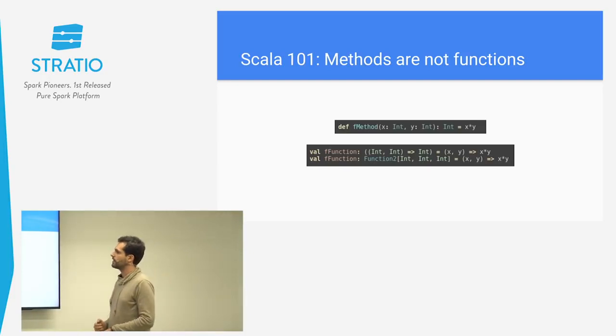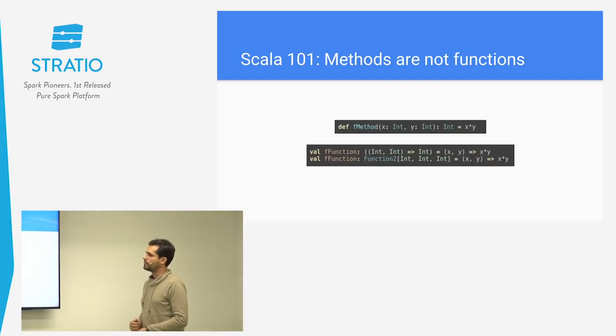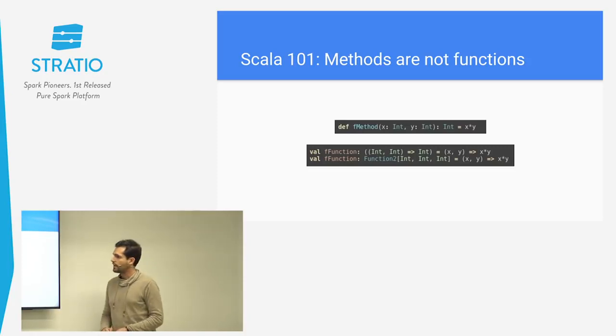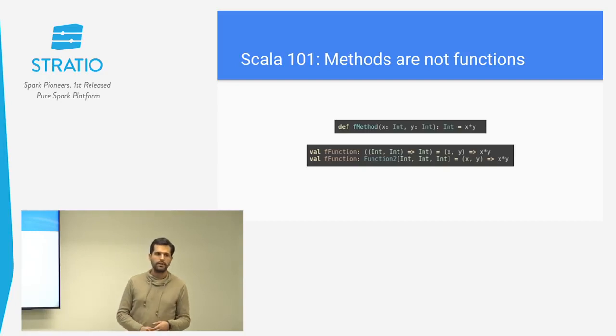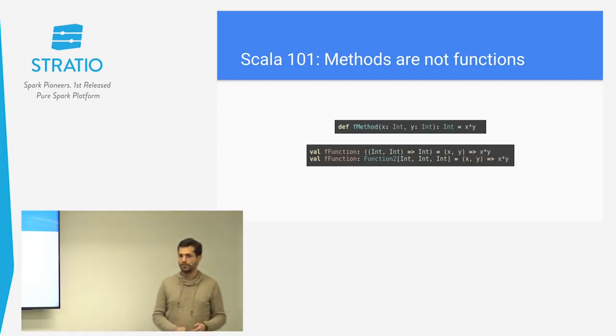One of the distinctions you have to keep in mind is that you can have functions with multiple parameter lists. Functions are just something going from a type to another. You can have several actual parameters, but you can have an implicit parameter list. We'll see what that is in a few slides. You're limited in some ways, and you can pass them as if they were parameters to other methods or functions.